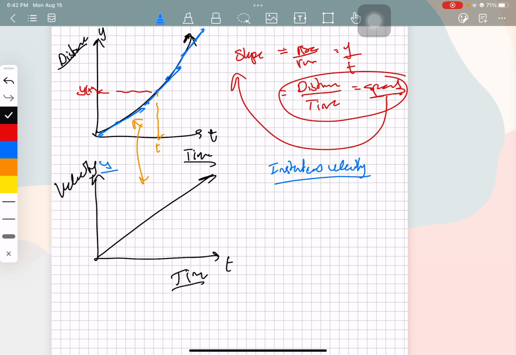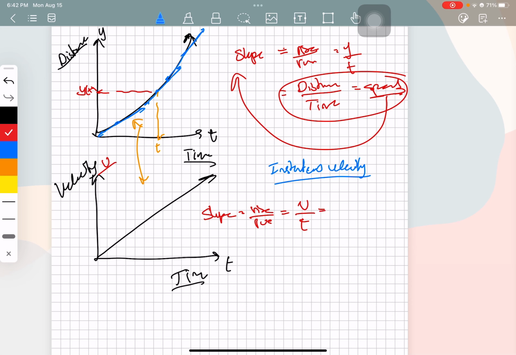Well, let's see this. We said previously that the slope is equal to rise over run. That's interesting. Let's call it v, so that's v over t.